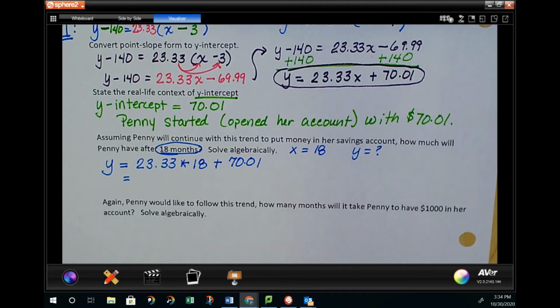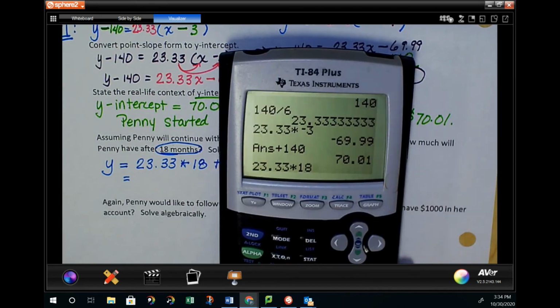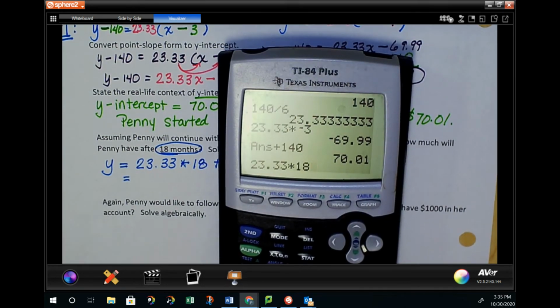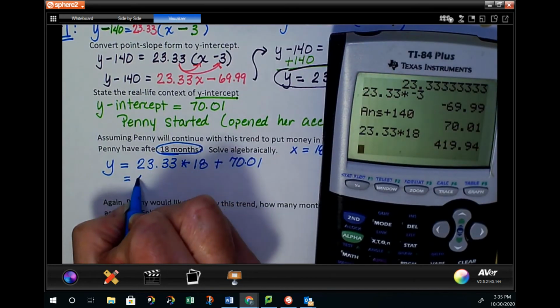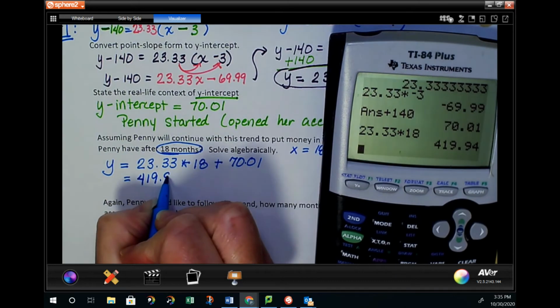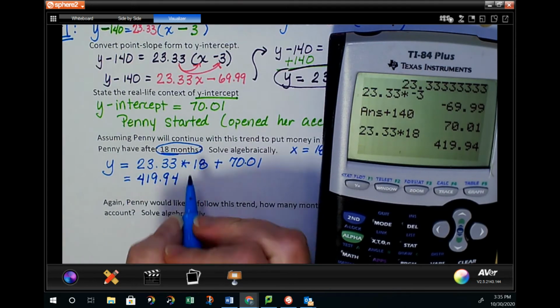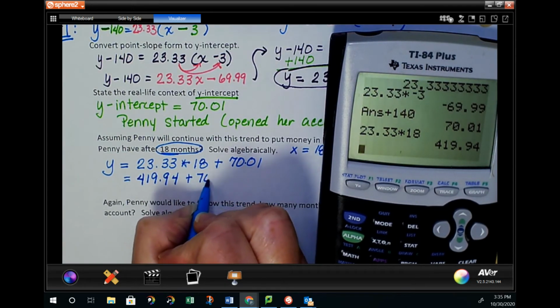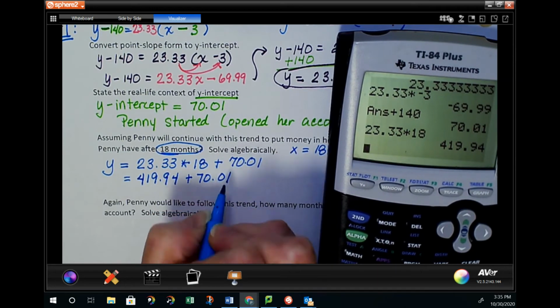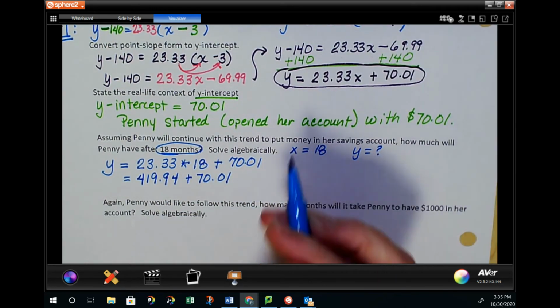So just like I did, 23.33 times 18, and that equals $419.94. So basically, Penny just put $419.94 in, plus her original amount of $7 and a penny, or $70 and a penny.